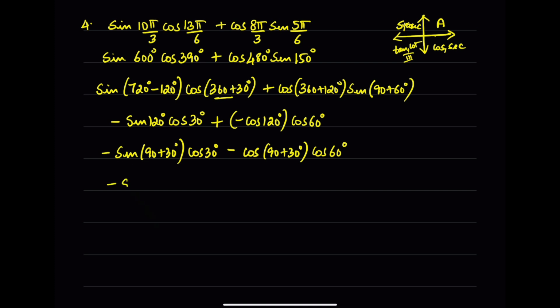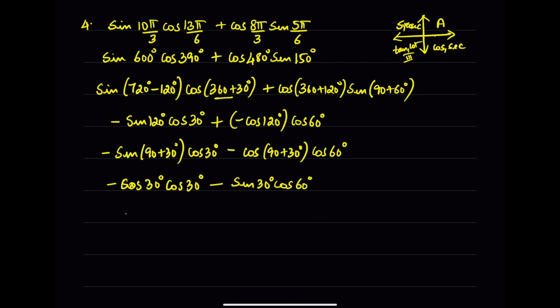Second quadrant, so this will be cos of 30 multiplied by cos of 30, and this will change to minus sine of 30 and cos of 60.